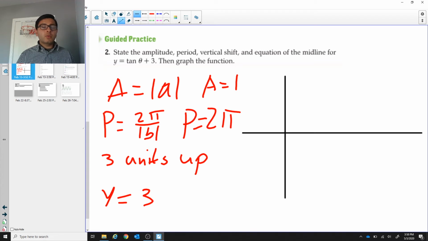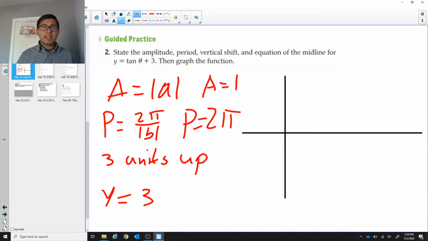Now first off, we have not graphed tangent up to this point. Sine and cosine are very much like each other. However, tangent is not. There are some things that are going to remain the same. We are going to continue to use amplitude in a very different way. We will also use our period, but in a very different way.